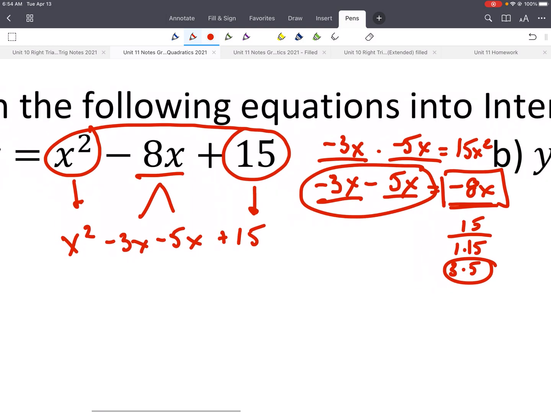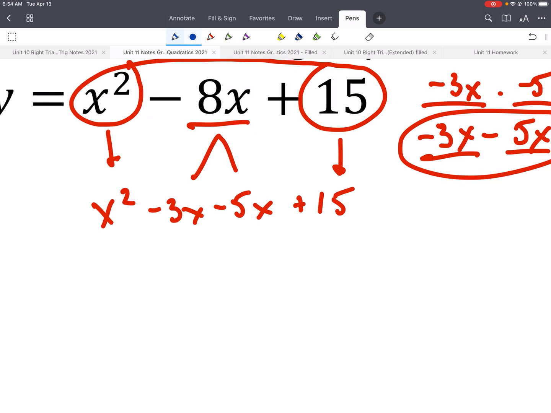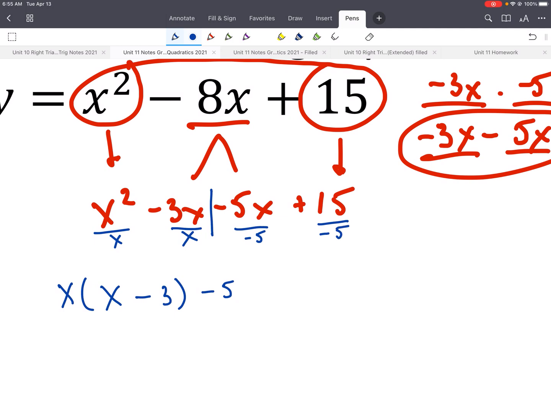And then, again, you can choose what way you want to do it. I'm just going to cut it in half. Greatest common factor for the left side, looks like the only thing we could take out would be an x. We need to write down what's left, so that leaves us with an x and a negative 3. On the right side, looks like we could take out a negative 5. Can't take out an x because there's not an x in this term.